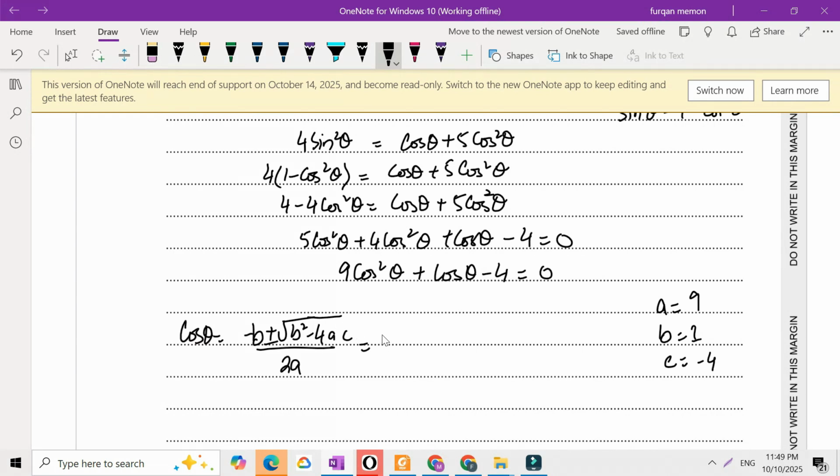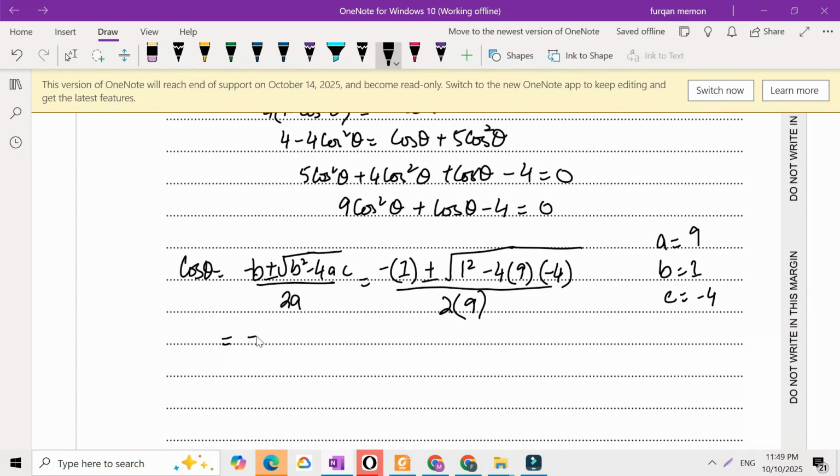This equals negative 1, plus minus the square root of 1 square minus 4 times 9 times negative 4, over 2 times 9. So we solve it: negative 1 plus minus the square root of 1 minus 4 times 9 times negative 4, which is 144.